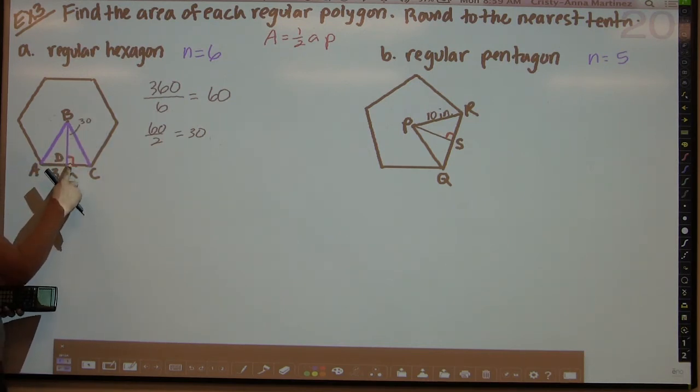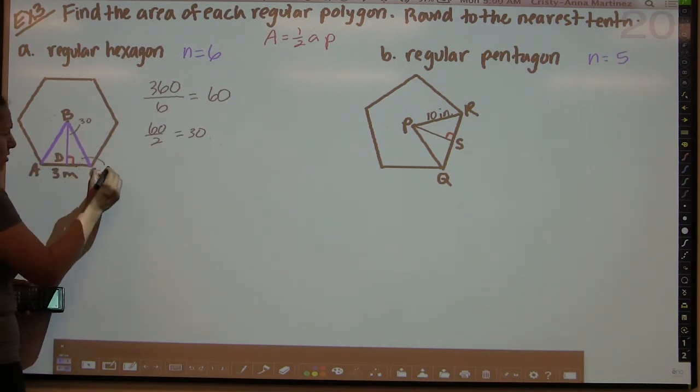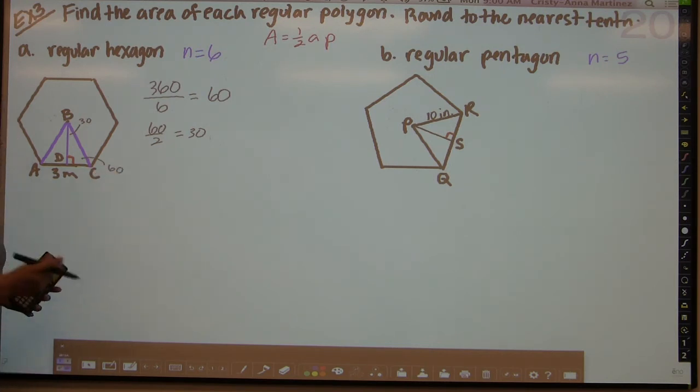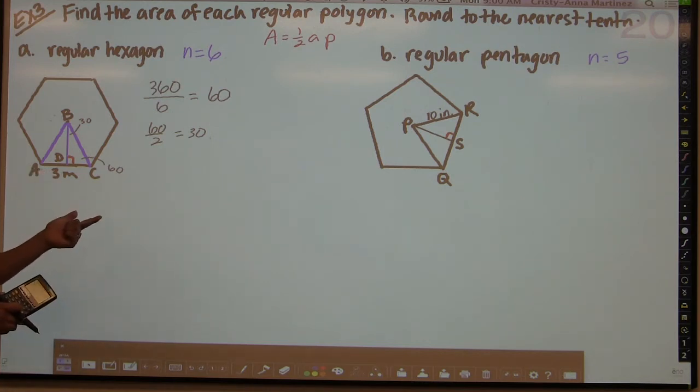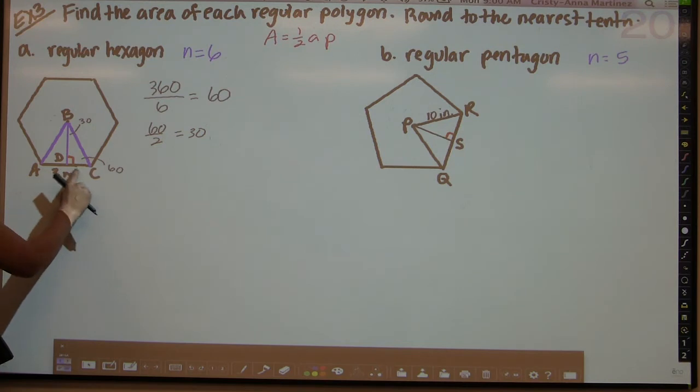And since this angle here is 90, it means that this angle is 60. And now that tells me that I have a 30, 60, 90 on my hands. And a 30, 60, 90, we know we can use the S, S root 3 and 2S, if you remember that from before. So I already know the side length here.